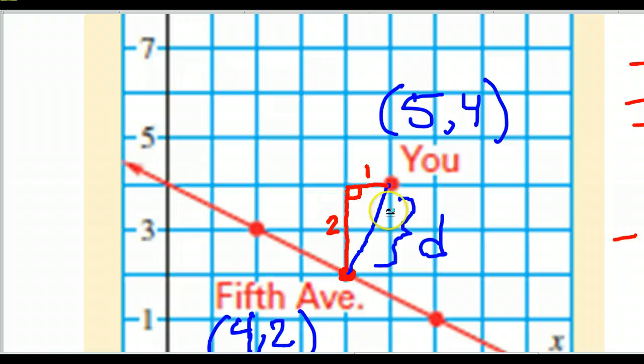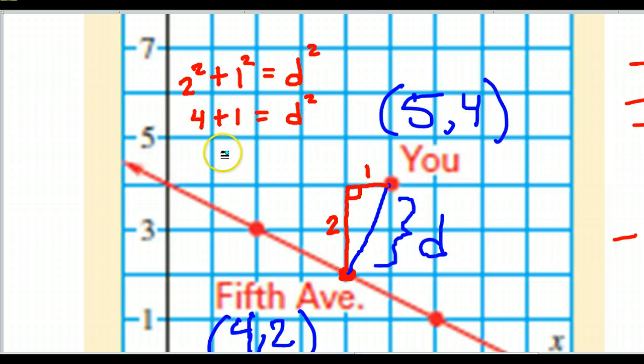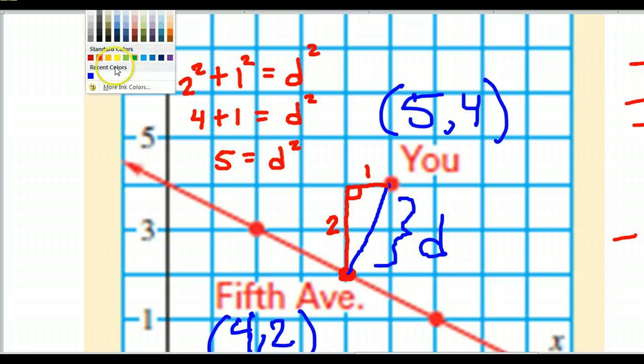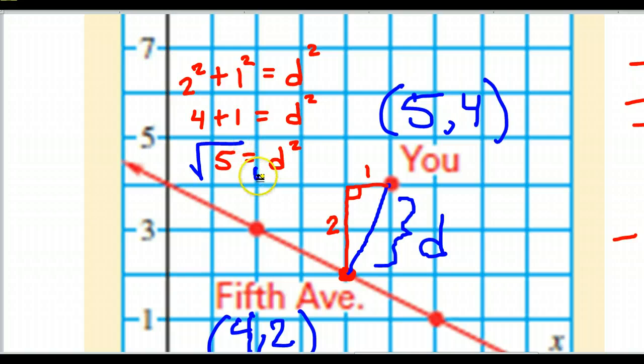If we do the Pythagorean theorem, a squared plus b squared equals c squared, then 2 squared plus 1 squared is equal to the distance squared. So that's 4 plus 1 is equal to the distance squared, so 5 is equal to the distance squared. Then I'm just going to take the square root of both sides. So the distance is the square root of 5, which as a decimal turns out to be 2.2.